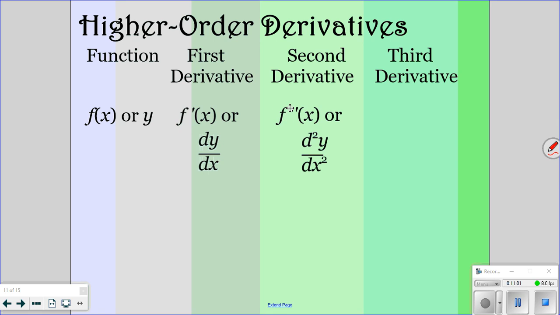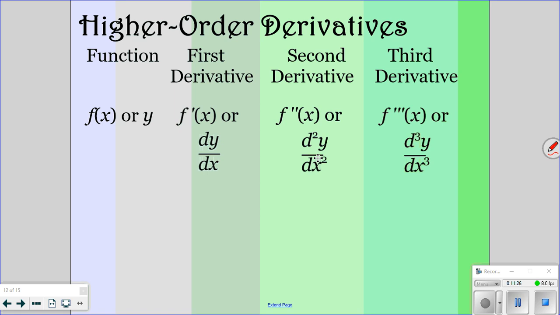And so you would write f double prime or d squared y over dx squared. So that's your second derivative. And then your third derivative you can write as f triple prime or d cubed y over dx cubed.